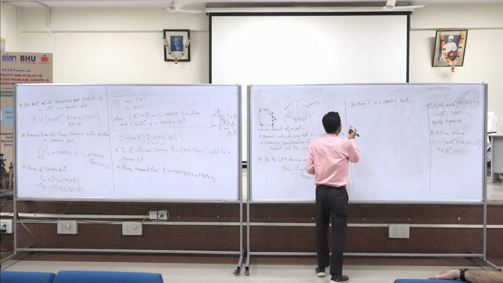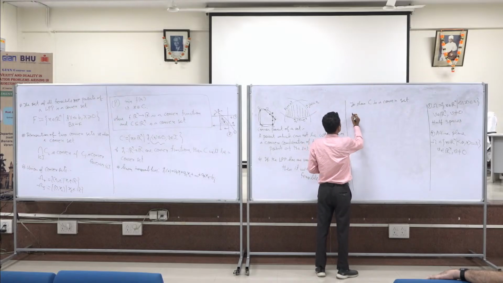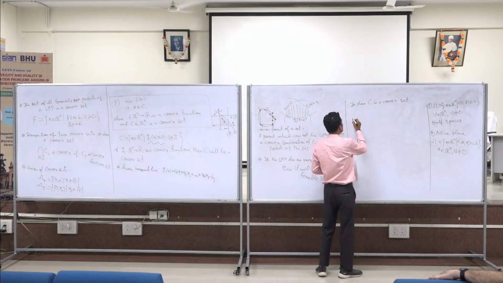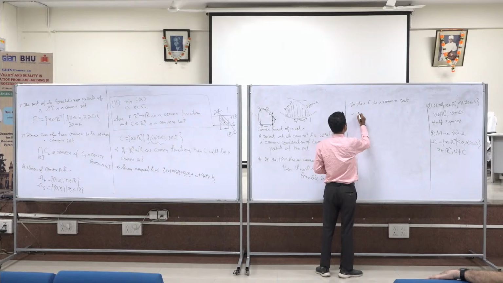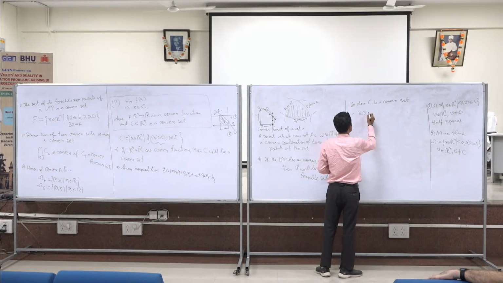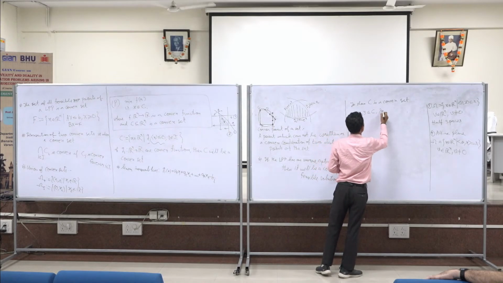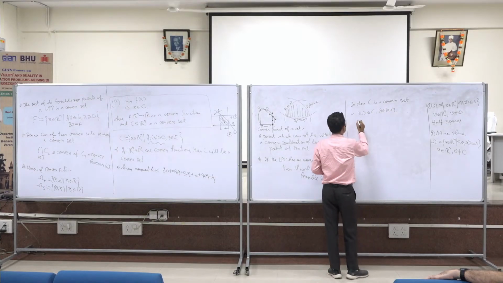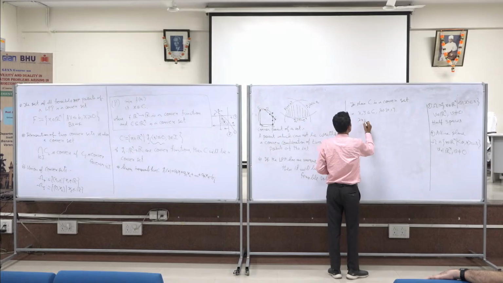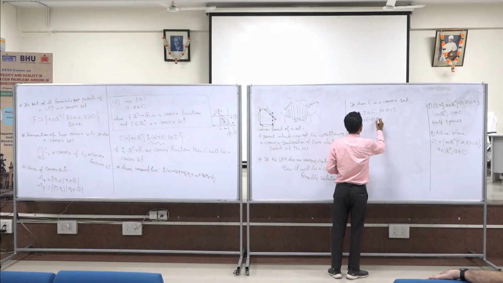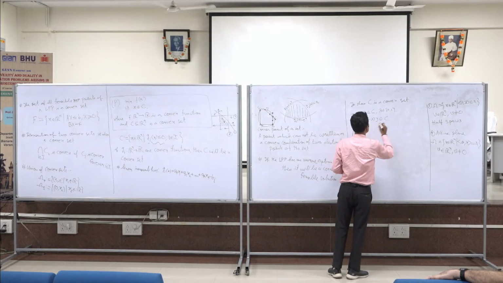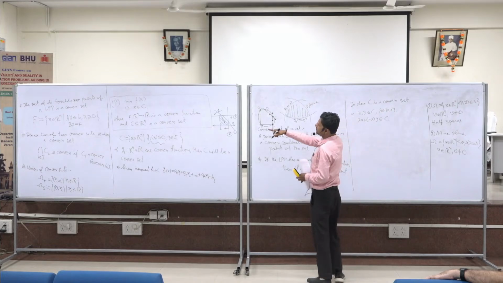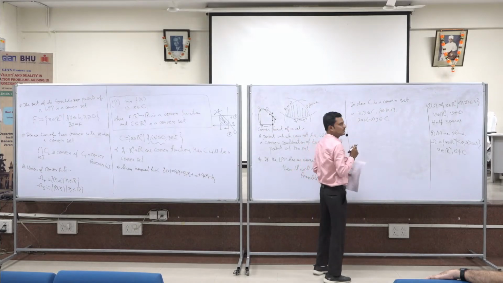So we have to take 2 points: you take any 2 points x and y in C and lambda in [0, 1], then lambda x plus (1 minus lambda) y must be in C. That is, this inequality must be satisfied.